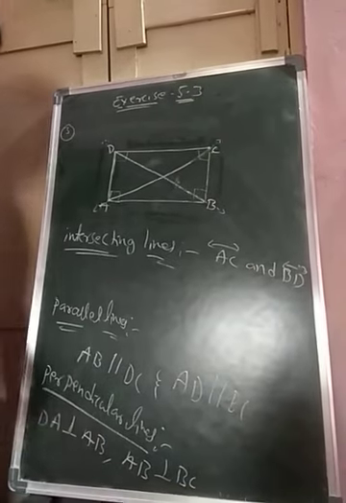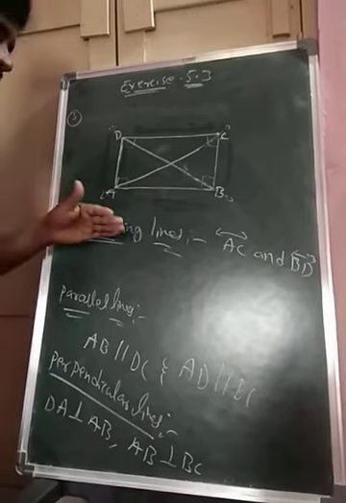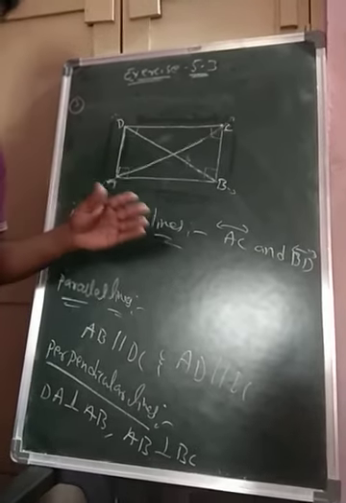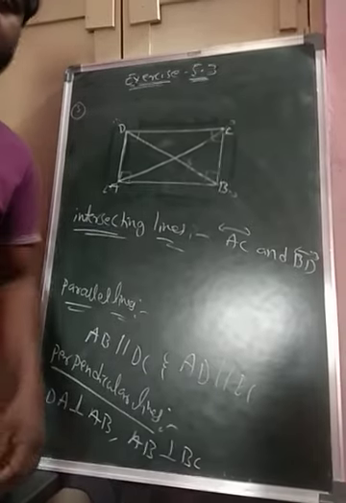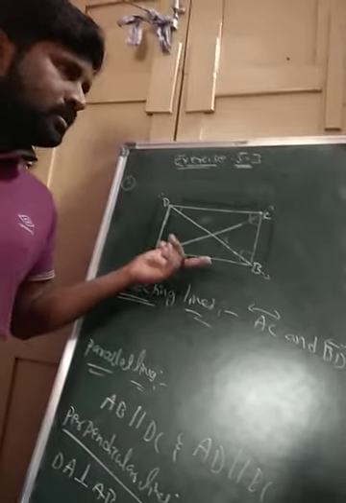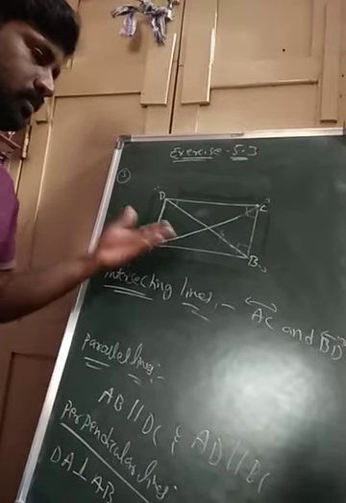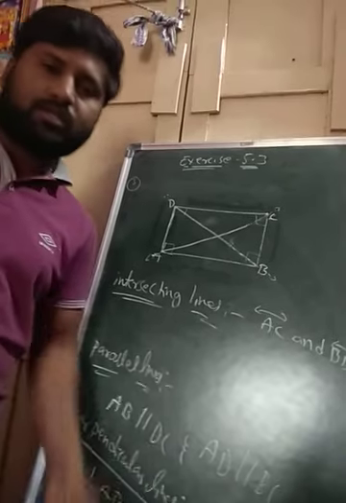So we can say like this, in any figure, how many parallel lines are there, how many perpendicular lines are there, how many intersecting lines are there. You take some other figures and find out what are the parallel, what is intersecting, what are perpendicular. Thank you, students.